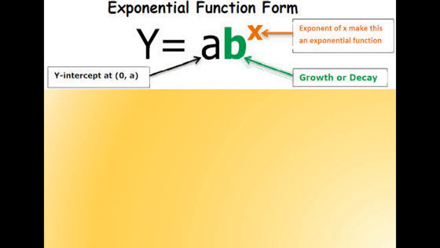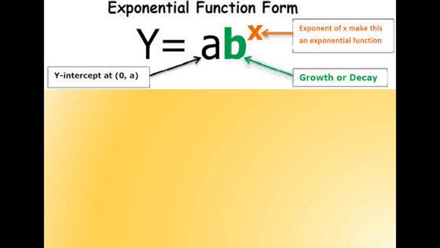And so now we want to look at an exponential function. What does it look like? Well, it's y equals a times b to the x. A and b are going to be numbers. Whatever number a is, that tells me that my y-intercept is going to be (0, a). So whatever that number is going to be the y-coordinate of the y-intercept.